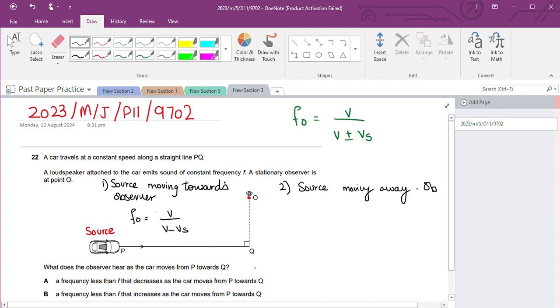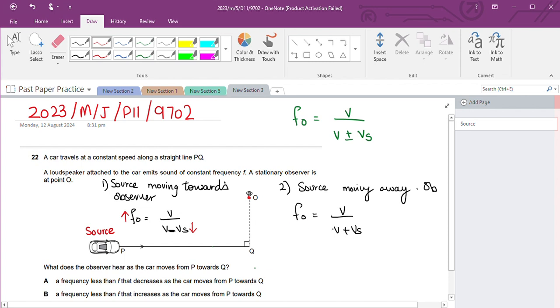Because frequency of observer is equal to speed over speed minus speed s. It's very important to know that when it's moving towards the observer, you put the negative sign between the speed and denominator. When it's moving away, there will be a positive sign between the speed and denominator. In one case the denominator is decreasing, so your frequency is increasing.